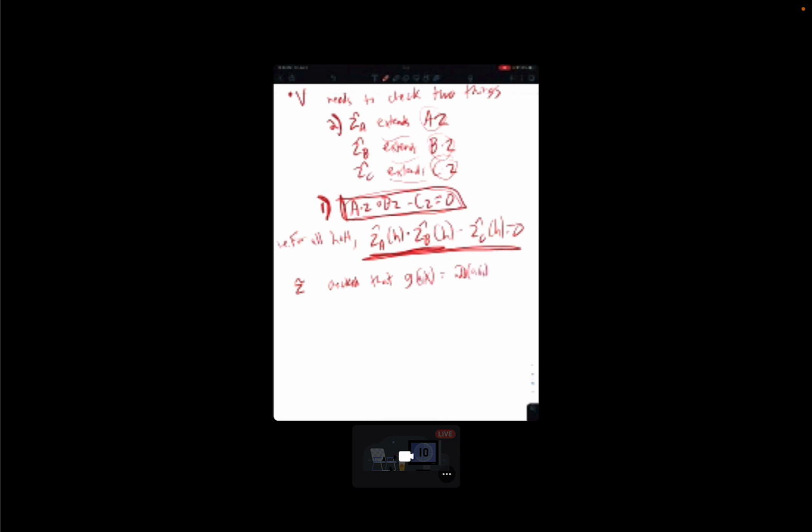Here X was ABC. The details don't matter. It was like Z twiddle of A minus Z twiddle of B plus Z twiddle of C. Yeah, the details don't really matter, but it had to check that something vanished over the Boolean hypercube. So it needed to check that G of ABC equaled 0 for all ABC in the Boolean hypercube.